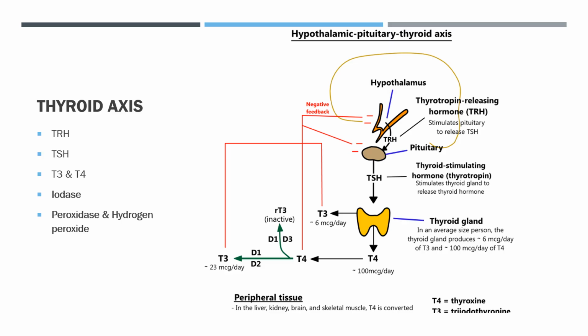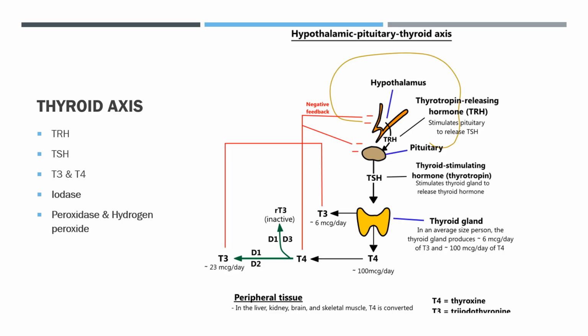Next, let's say the T3 and T4 is released. It's in the bloodstream. Now it needs to be recycled. In order for the T3 and T4 to be recycled, there's an enzyme called iodase, and that recycles the T3 and T4 and sends it back to the thyroid, so it can release more and more T3 and T4.